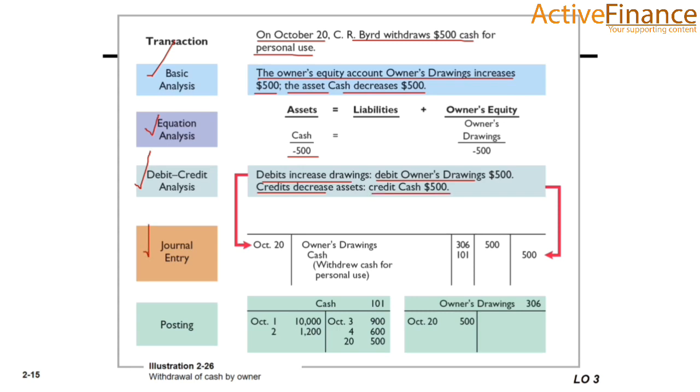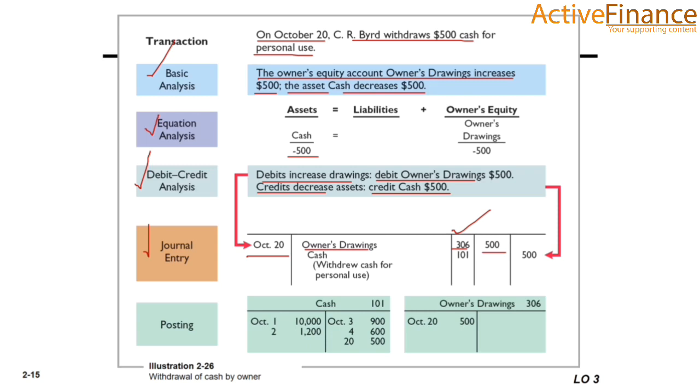So in the general entry, we will enter owner's drawings on the debit side, so 500 is debited, and this is the reference number. In coming slides I will not repeat this term of references. You have learned about this, so I will proceed quickly.